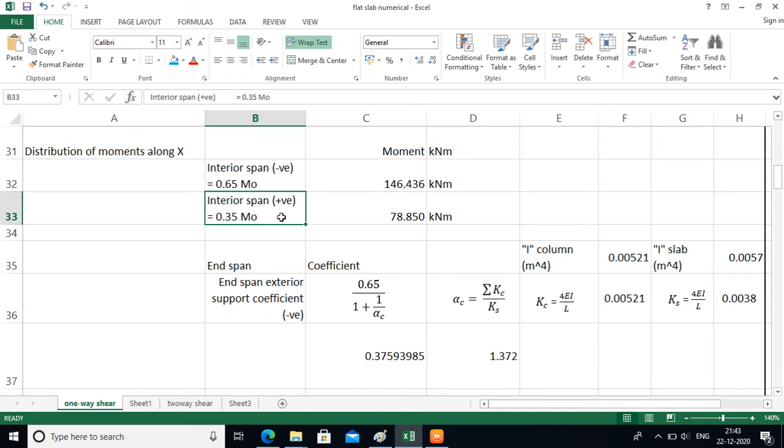The interior span positive means the magnitude of moment at the center of the interior span. Positive represents the midspan of the interior span, where we know that a sagging shape is there. So at midspan we have the positive moment of magnitude 0.35 m0.